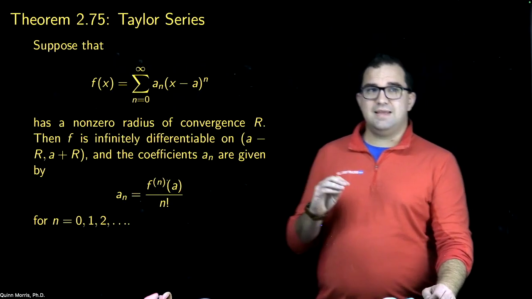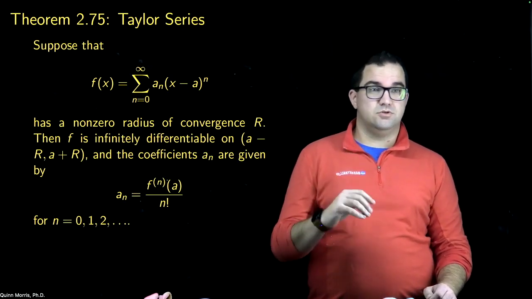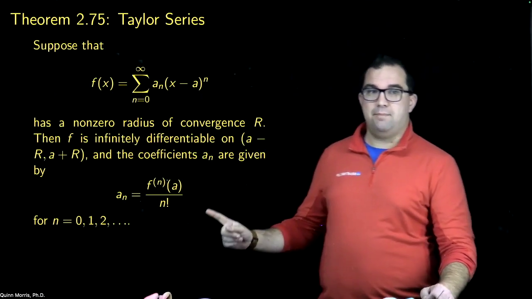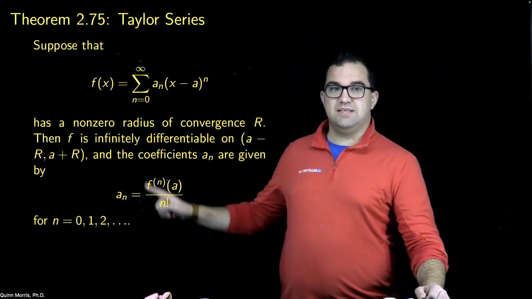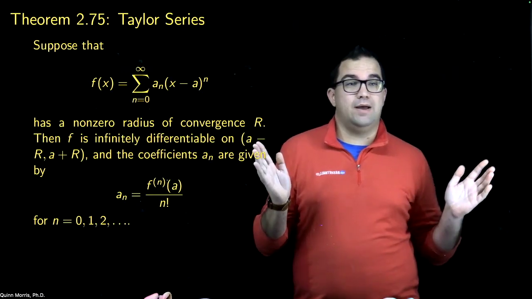So the idea is if I want to represent some fixed function f, say e to the x, by a power series, then I better choose my coefficients in this way. And then the previous theorem tells me that's the only way to do it.